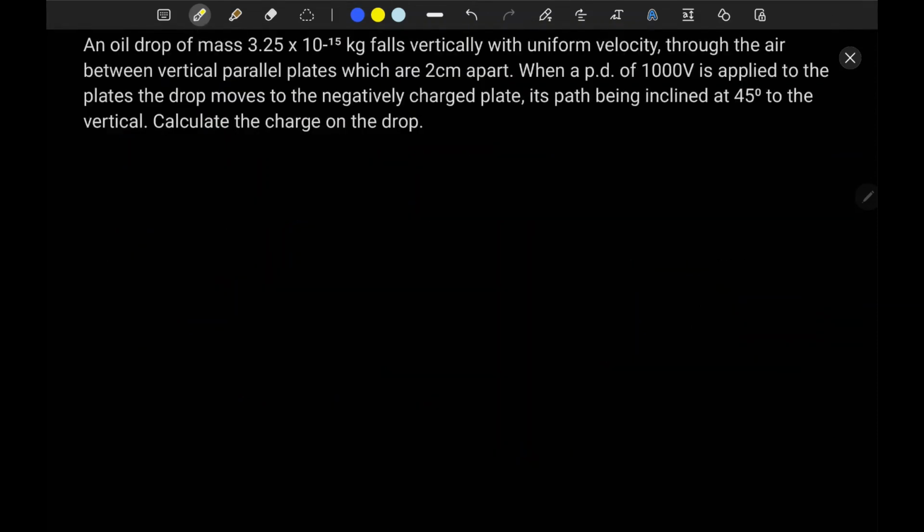Okay, now we have another question. An oil drop of mass 3.25 into 10 power minus 15 kg falls vertically with a uniform velocity through the air between vertical parallel plates. Here the plates are vertical, which are 2 cm apart.